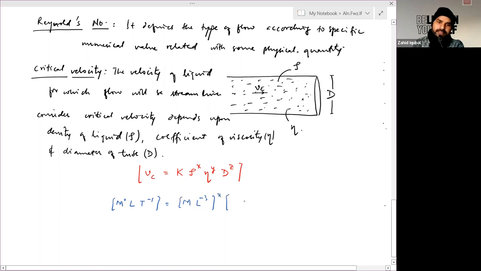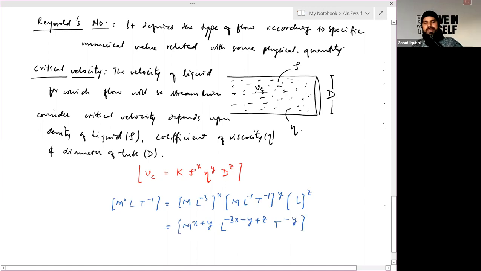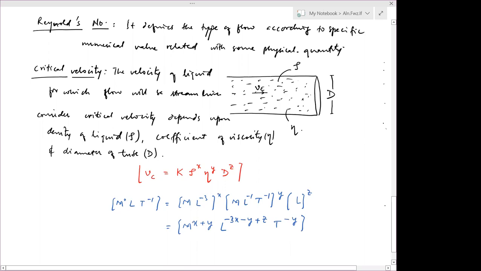Eta, M L^-1 T^-1, raised to y, and d, diameter, L to the power z. So we can write M to the power x plus y, L to the power minus 3x minus y plus z, and T raised to minus y. Ifra, is it clear? Yes, sir.